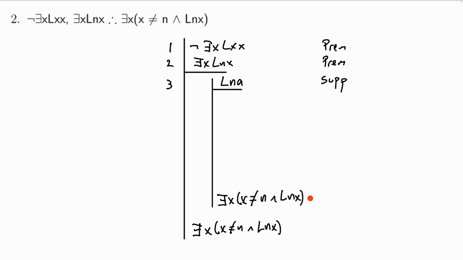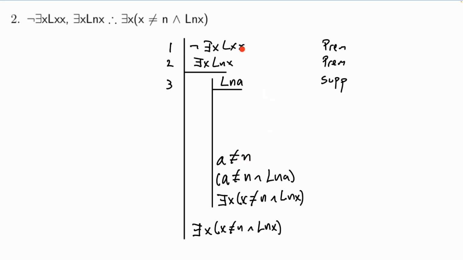And presumably we're going to get this existential statement by deriving the instance of it that says A is distinct from N and LNA. We already have the second conjunct here, LNA, so it's just a matter of proving that A can't be identical to N.